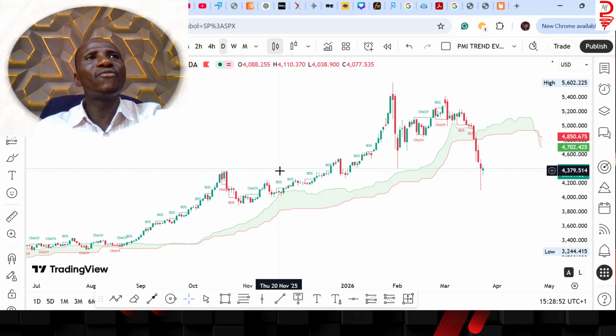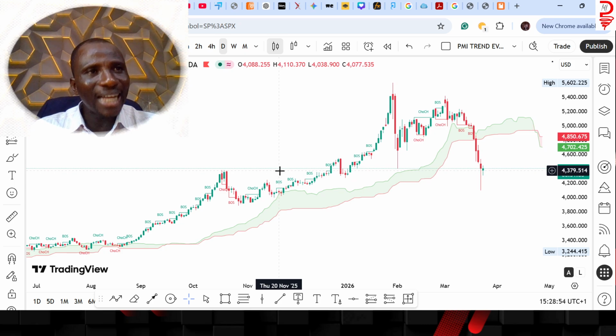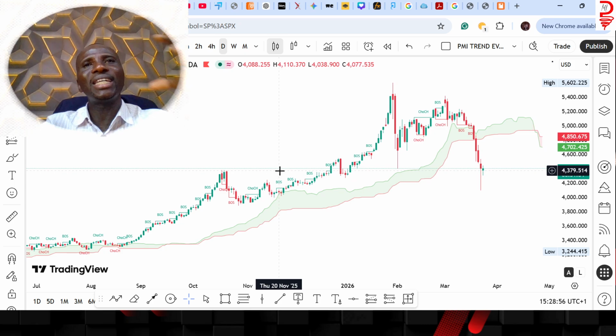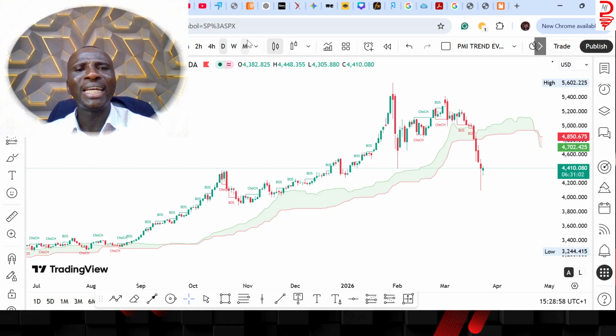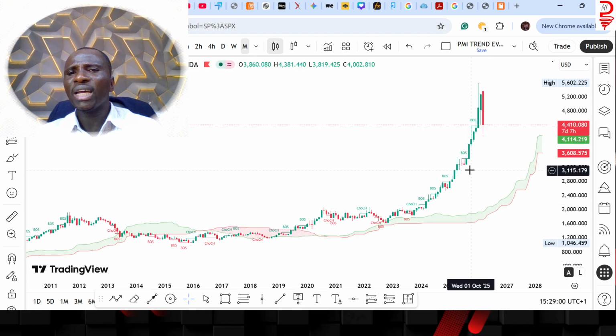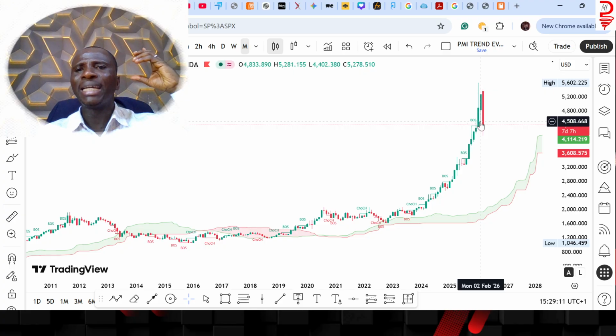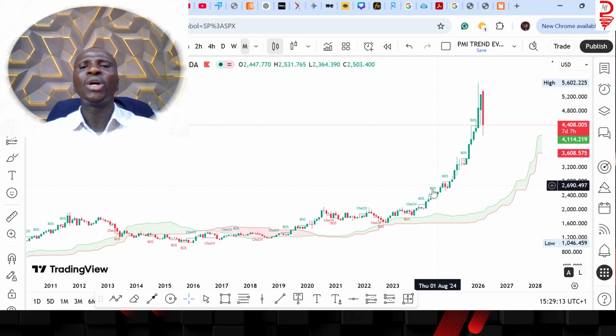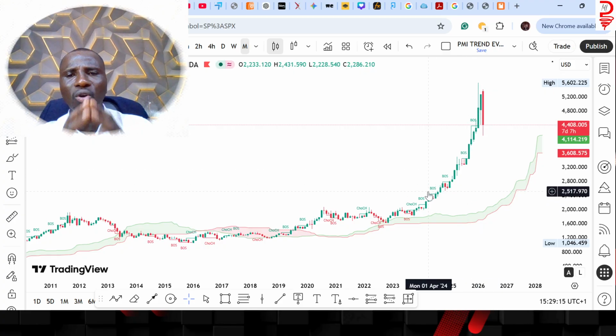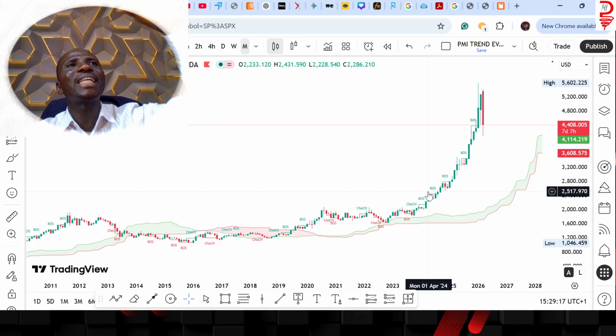A lot of investors decided to take their profit in gold after gold maintained about 7 months of bullish movement. You can see since August 2025, gold has been buying. August, September, October, November, December, January, February. Can you imagine? So gold is currently at a profit taking zone.